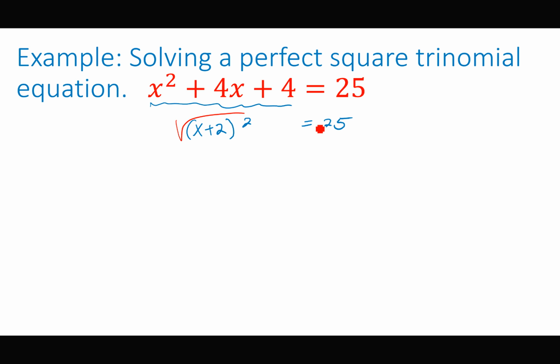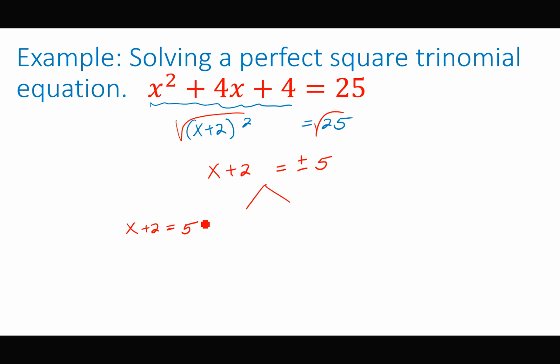So I'm going to square root both sides. That only leaves me with x plus 2 on the left. Square root of 25 is 5, but undoing a squaring, again, brings in that plus minus 5. So we have x plus 2 equals plus minus 5. So it equals a positive 5, and it equals a negative 5. So I can break this up into two separate equations.